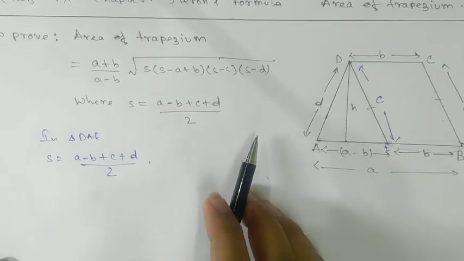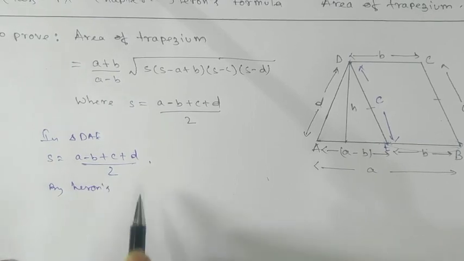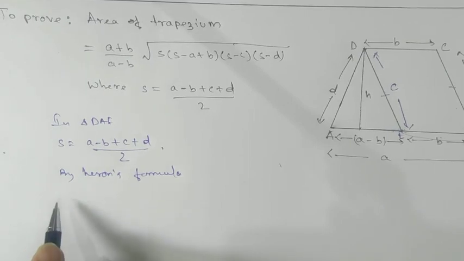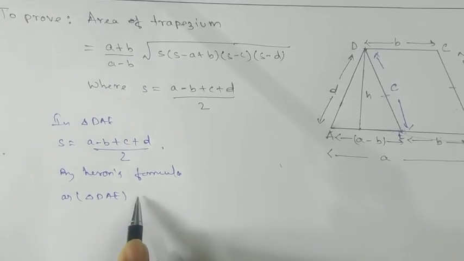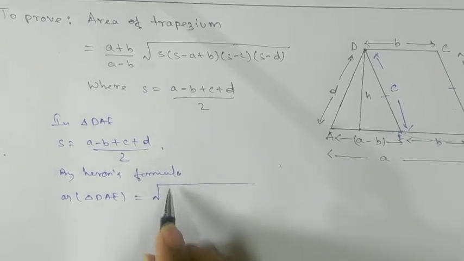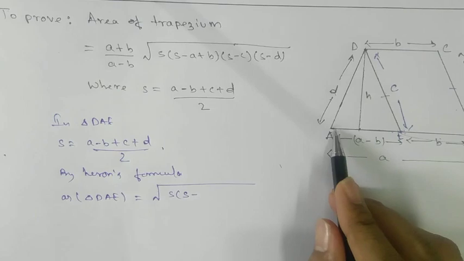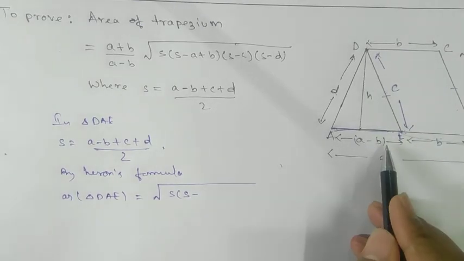Okay. Now by Heron's formula, we know the formula. Area of triangle DAE can be written as root over s into (s minus a), where a is this one, AE, and the AE value is a minus b.